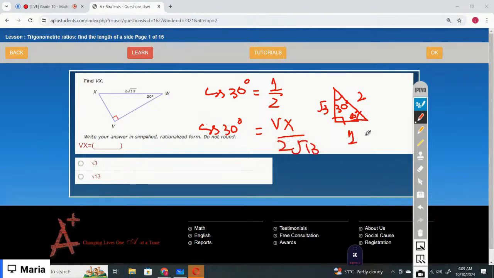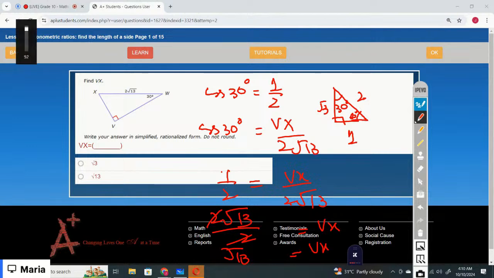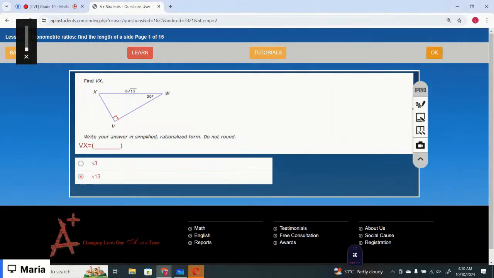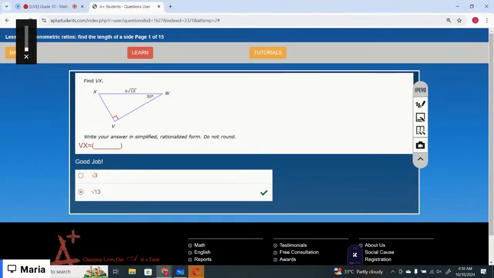So cos 30 is 1 by 2, and Vx divided by 2 square root 13. Then Vx equals 2 square root 13 over 2, 2 and 2 cancel out. So Vx equals square root 13. Got it? These are the special triangles. You have to compare them and find the value of the missing one. Option number 2 is the correct option.